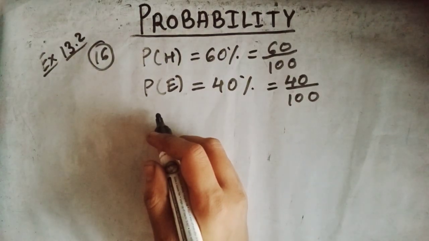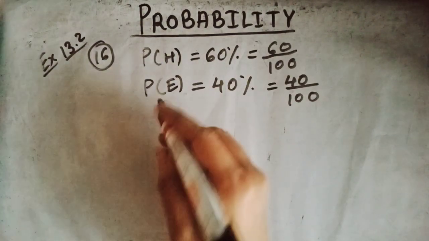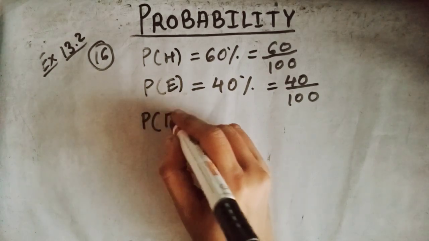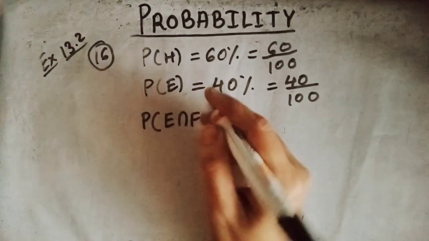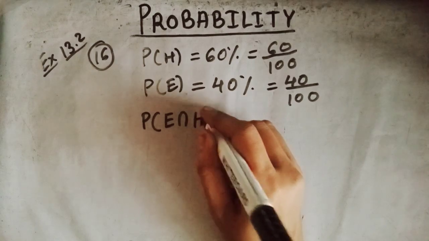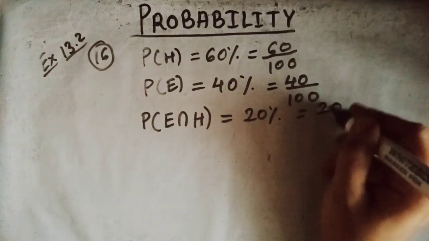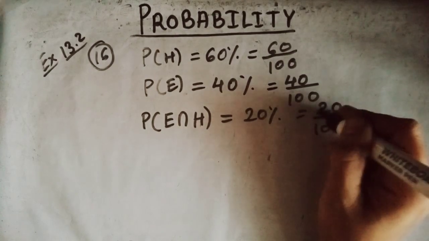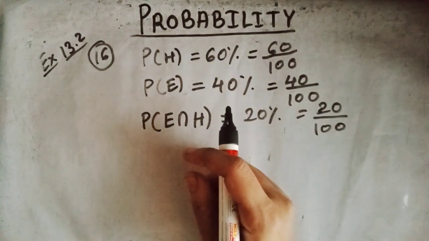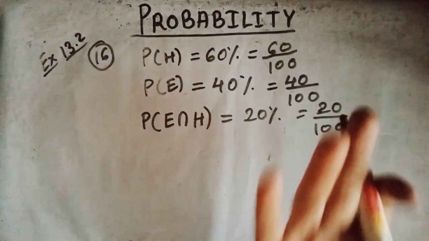Then 20% read both Hindi and English. Both means we have to take intersection, Hindi and English, so 20 by 100. Now you have to find the probability that she reads neither Hindi nor English.